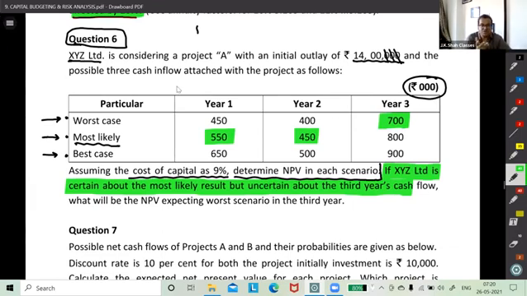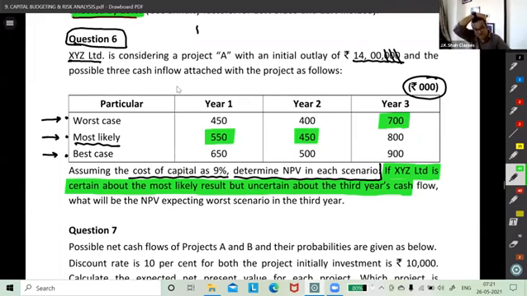Oh, like this. Did you understand what they are saying? We are almost sure that the most likely will happen in the first year and second year, but not very sure about the third year. Maybe the third year is too far to project. It happens, no? I can give the projection for the first year, second year, but I'm not very sure about the third year.